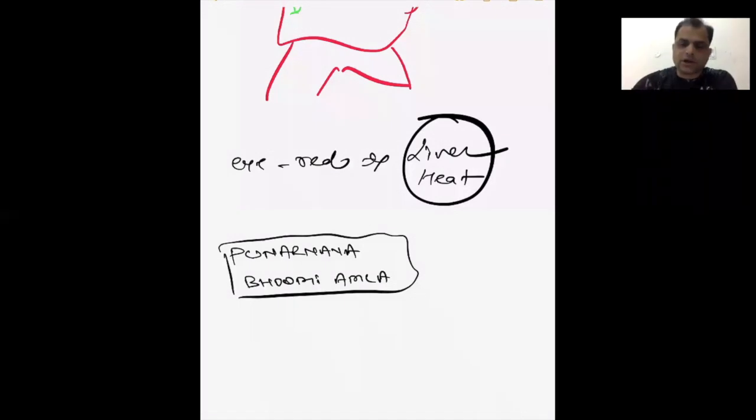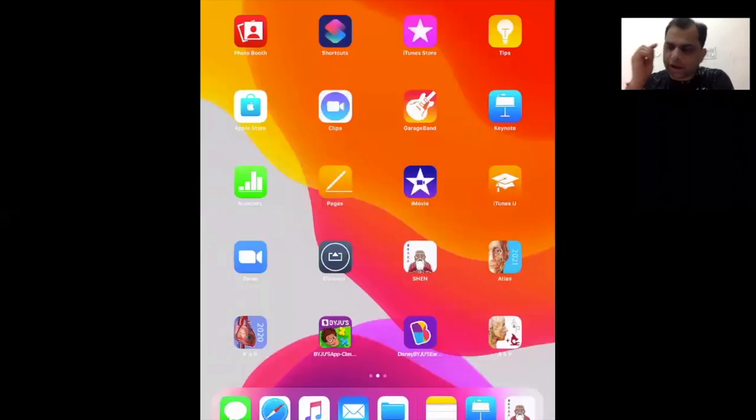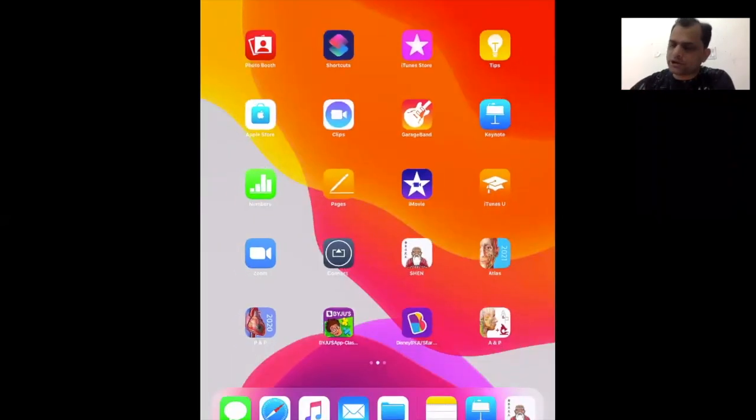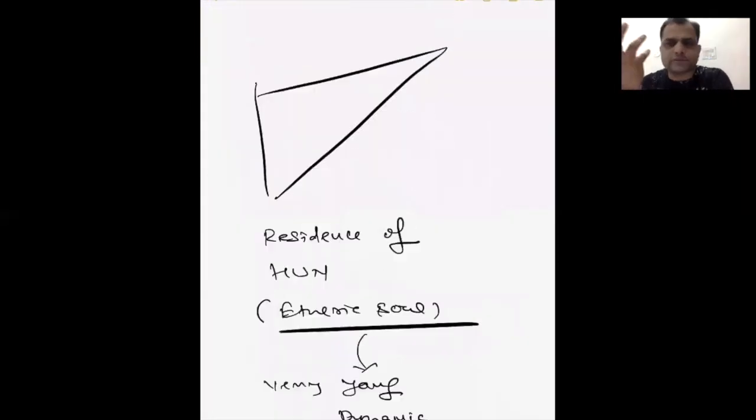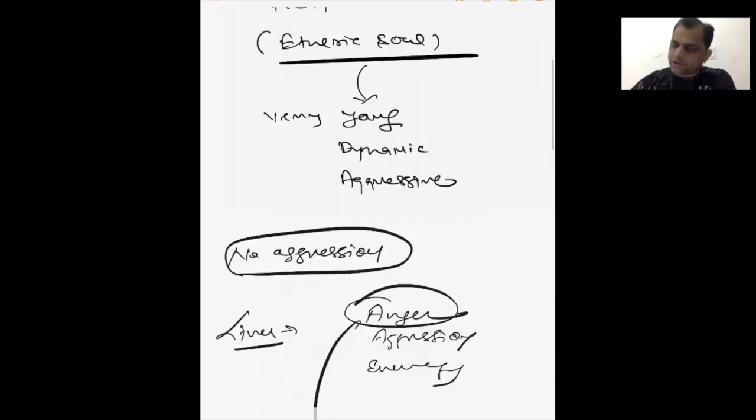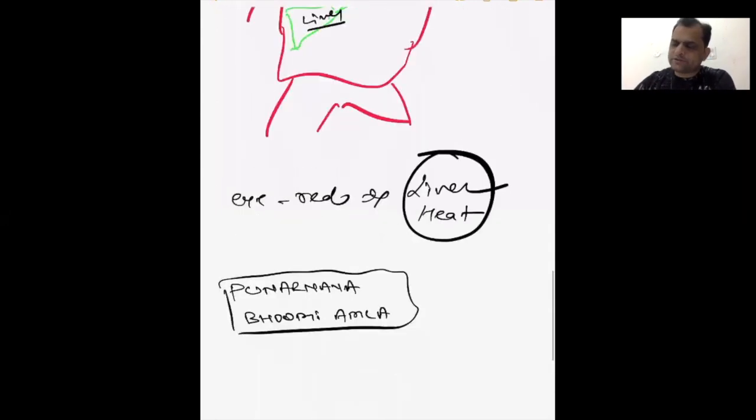If we see the liver channel, the liver internal branch reaches DU 20. Suppose you are not having any herbs, then what to do? If you find the liver is having more heat, you can put some cooling oil on the top of the head, and it will cool down the liver.